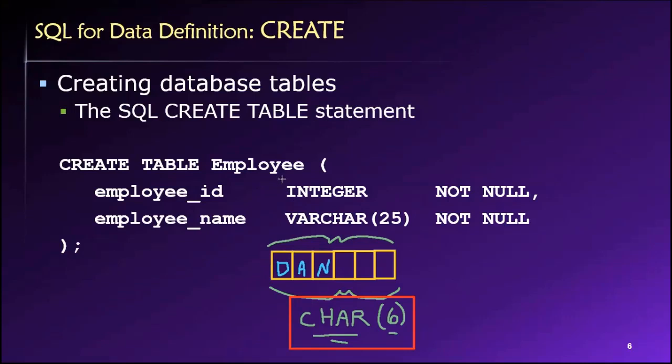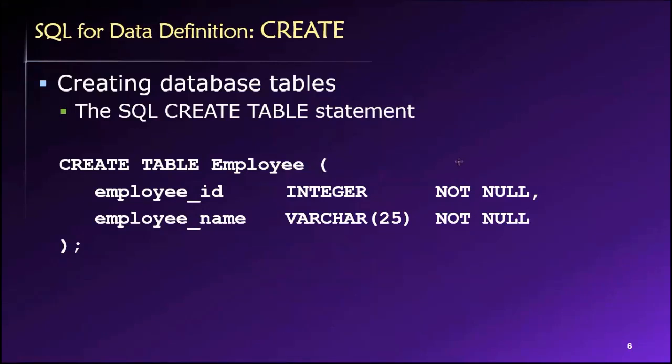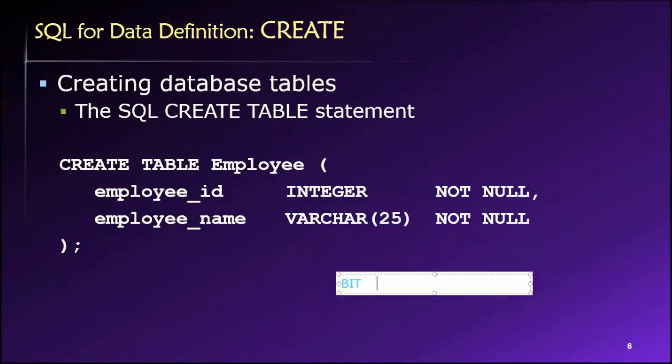Other data types that are useful to us. So here's an integer. There are several integer data types. In addition to integer, we have other ones, including a byte. Now let me do the smallest one first. The smallest one is a bit, and that can store values 0 or 1.